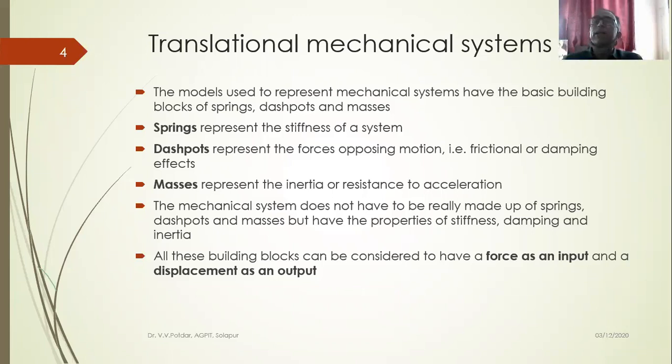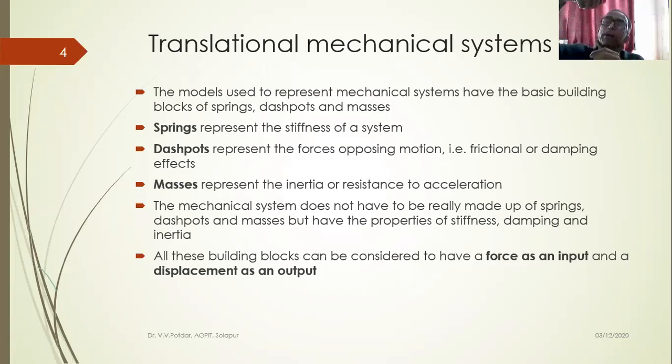Then every translational mechanical system will also have a spring or spring-like element, right? Spring, exactly, if I'm talking about a suspension system, a spring physically will be there, right? But what is the characteristic of that spring?